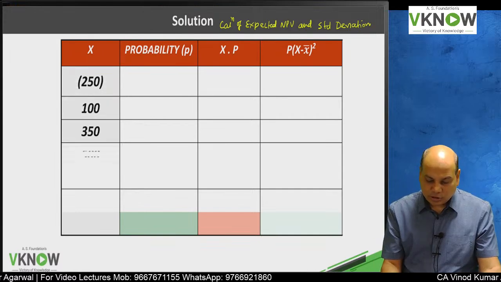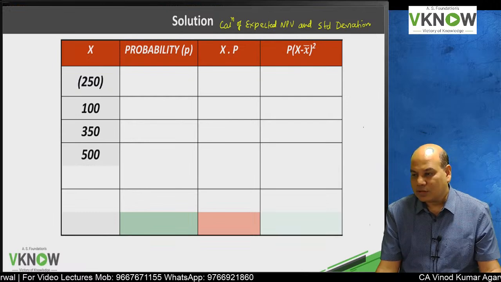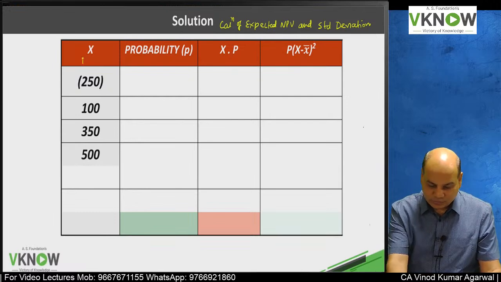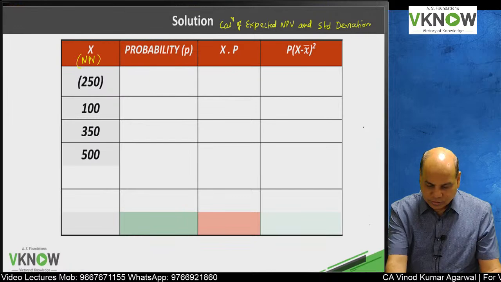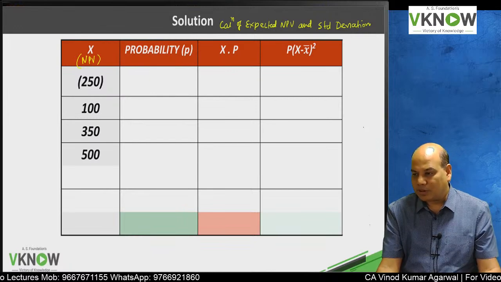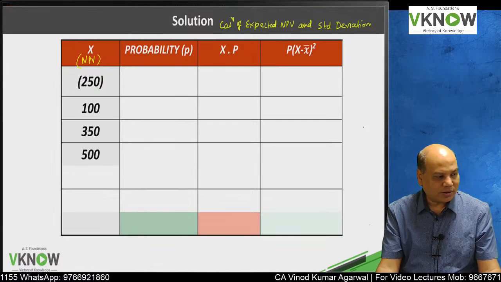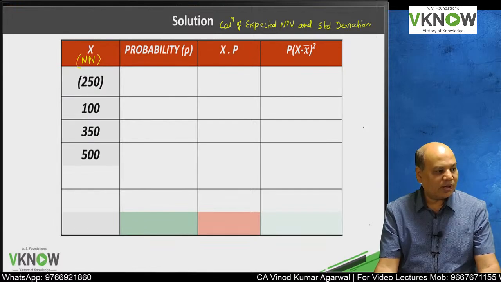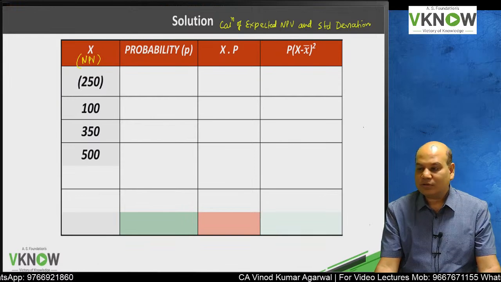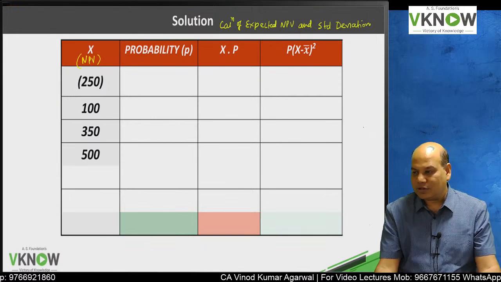4 columns we will draw. First column write NPV. Second column write probability. Third column x into p. Fourth column p into x minus x bar square. That is for standard deviation.